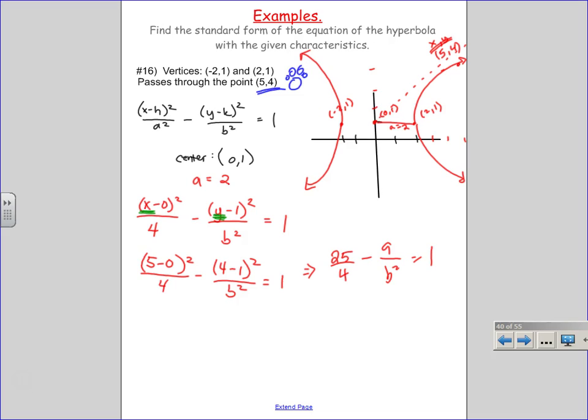Get common denominators would be times b squared over b squared, times 4 over 4, and mush them. Get rid of it would be let's multiply by both sides. Okay, we can do that. The most persistent response I heard was subtract. So subtract.